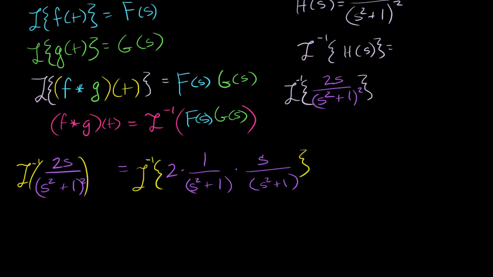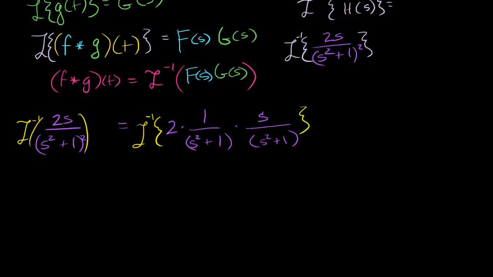Now, something should hopefully start popping out at you. If these were separate transforms, on their own, we know what they are. If we call this F of s, the Laplace transform of some function, we know what that function is. This piece right here, I'm just drawing a little dotted line around it, is the Laplace transform of sine of t.